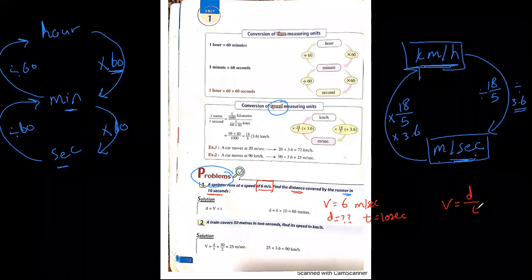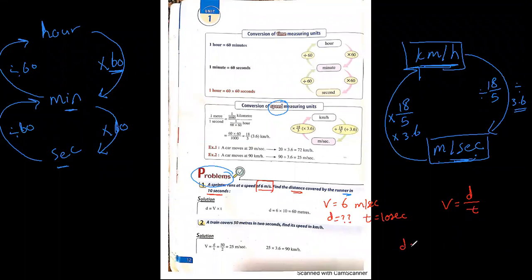يبقى V equal distance divided time so the distance equal 6 multiply 10. اكتب الريليشن، V multiplication T هتبقى 6 multiply 10 it gives me 60. what is the unit of the D?